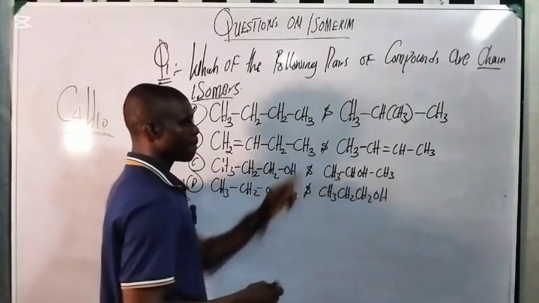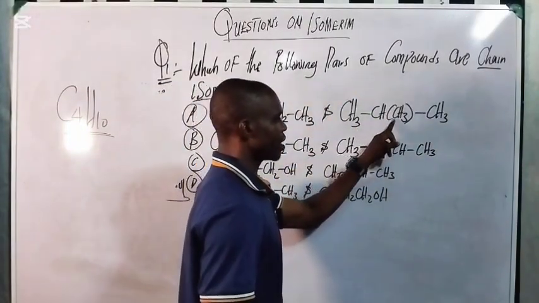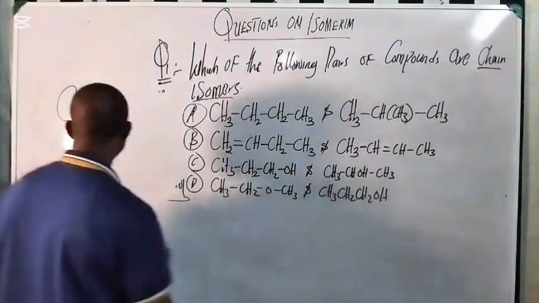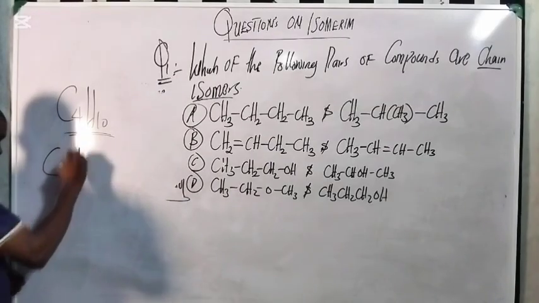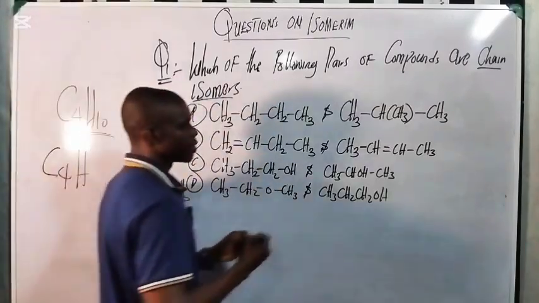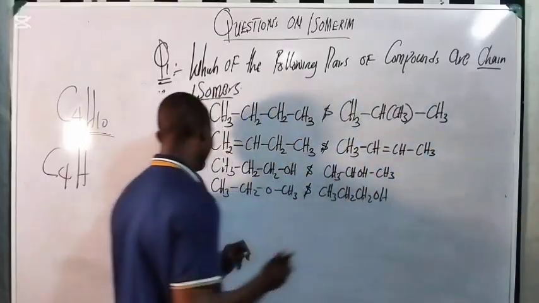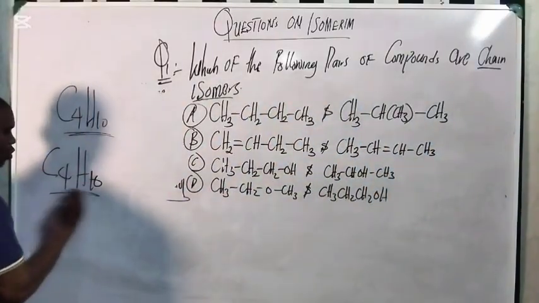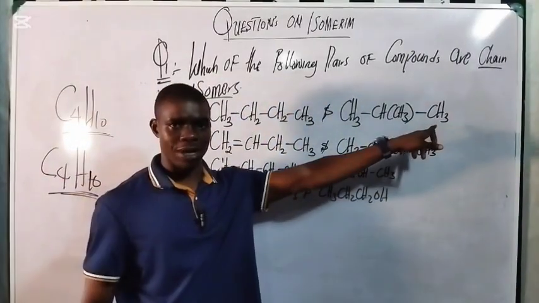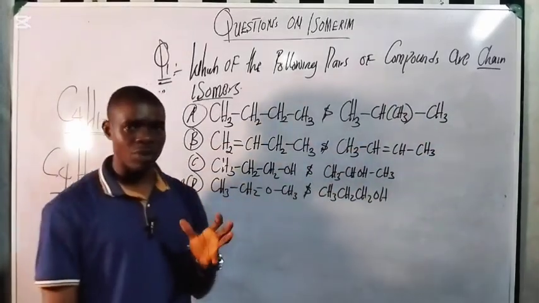What about this one? 1, 2, 3, 4, four carbon atoms, C4. How many hydrogens? Here we have 3 plus 3 plus 3 plus 1, which is 10. So these two have the same molecular formula.